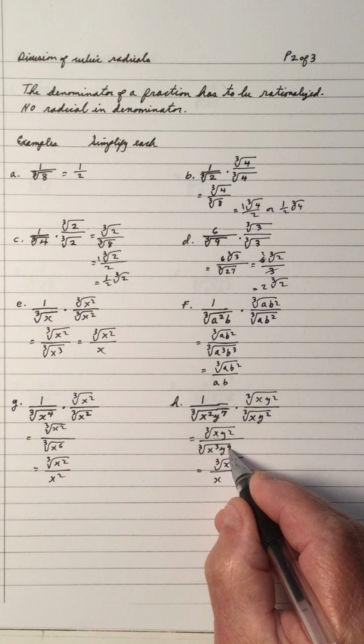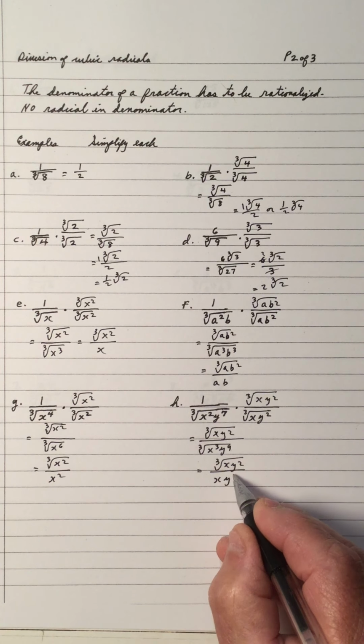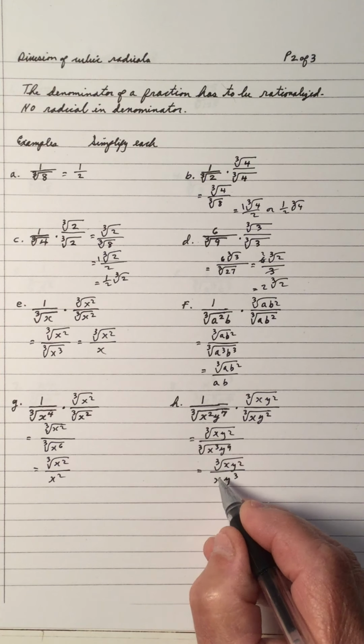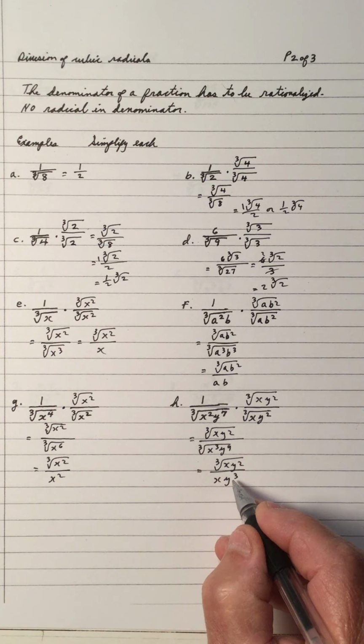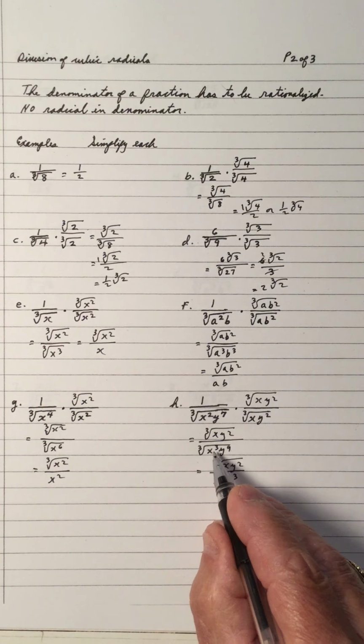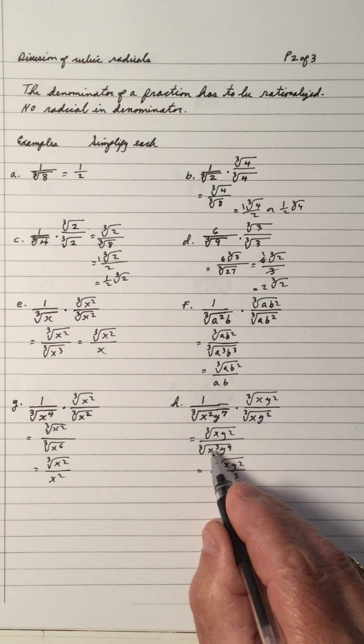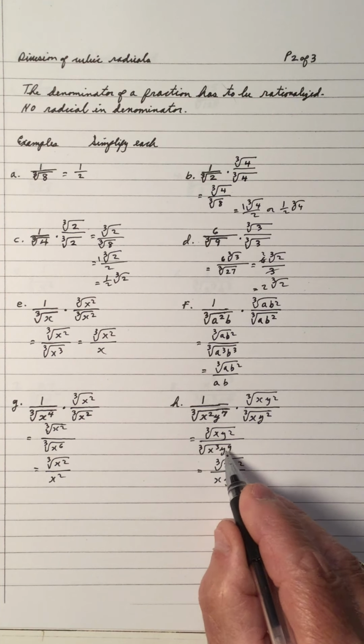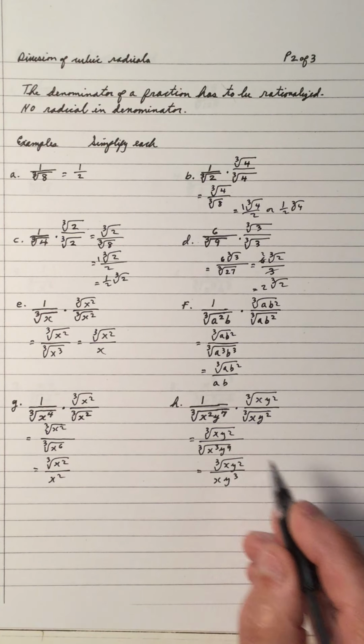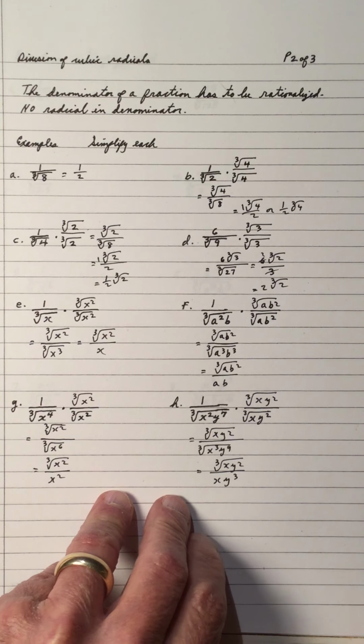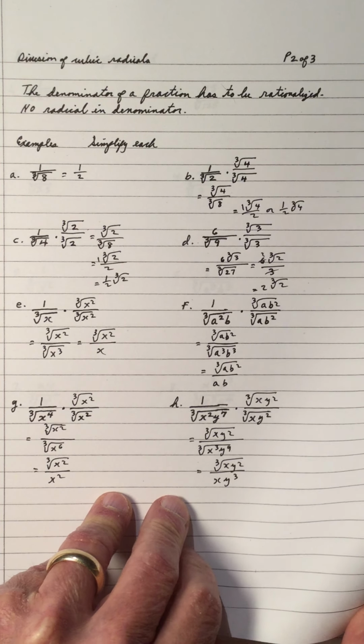The cube root of y to the 9 is y cubed. So 3 divided by 3 is 1, 9 divided by 3 is 3. So I need, again, this is cubes, so these powers right here have to be multiples of 3 in order to divide out and have no variable in the bottom, no root.